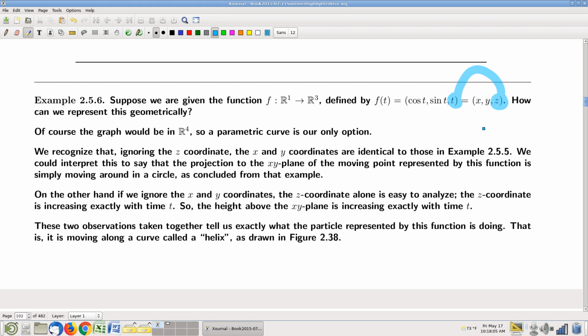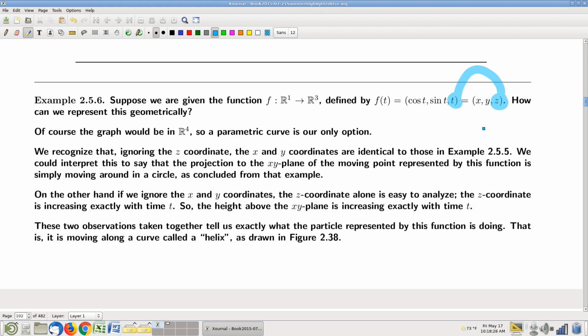I know that the shadow down in the xy plane is doing exactly this. And here's a coordination test for me: the z coordinate is doing that. So I've got pictures of this point moving from two different cameras.